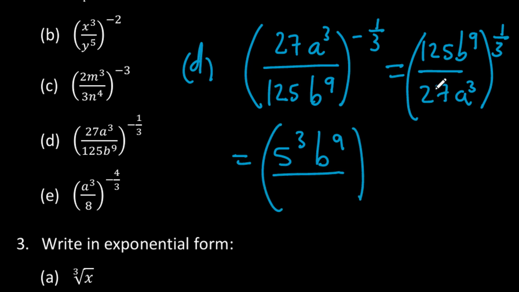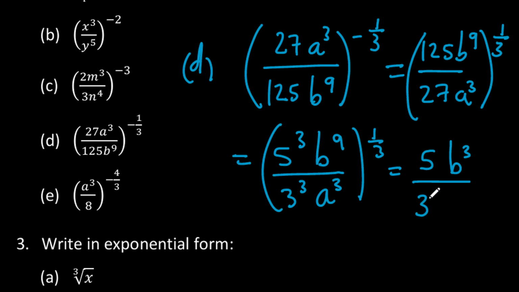We can also use prime factors for 27, so that's 3 cubed. And now we can multiply the powers because we have brackets. So 3 times the third is 1. So 5 to the power 1. Then 9 times the third is 3. 3 times the third is 1, so it's just 3 to the 1, or 3. And 3 times the third is 1, so it's 3a.